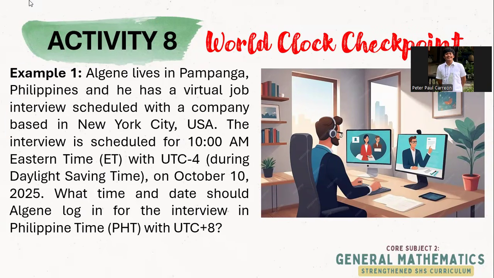He has a virtual interview with a company in New York, which follows a UTC -4. Why do we follow a daylight saving time? Because we're still in October. They were scheduled to have an interview on October 10th. This video was recorded October 2, so it is a scheduled interview.